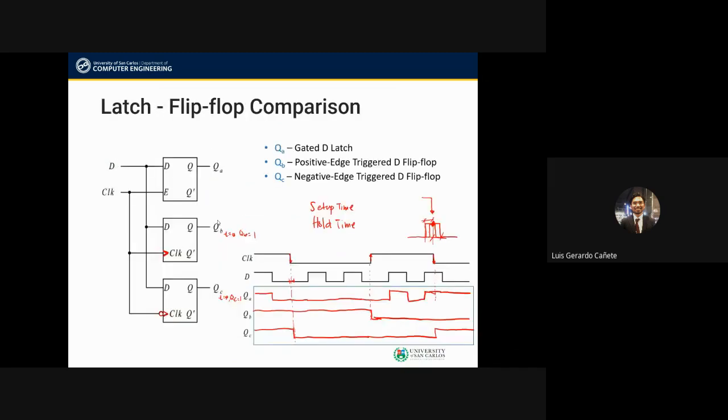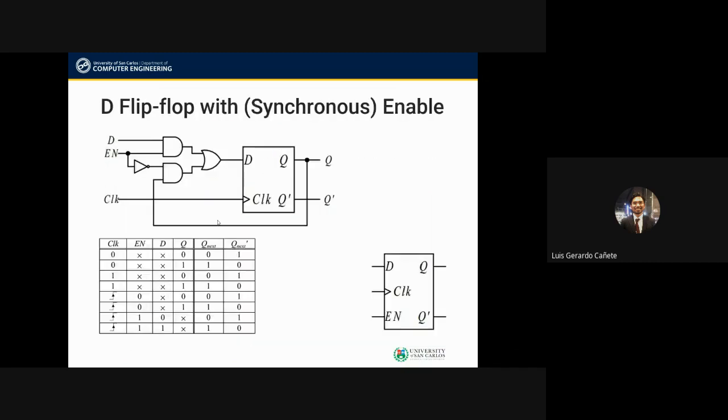Okay, so there are other types of flip-flops. Now, it depends on the functionality that you want. So some D flip-flops have something called asynchronous enable.